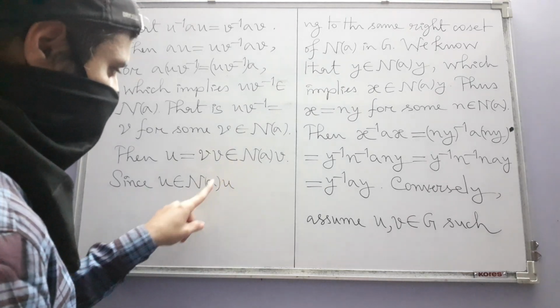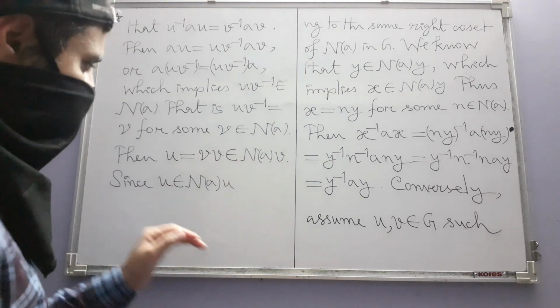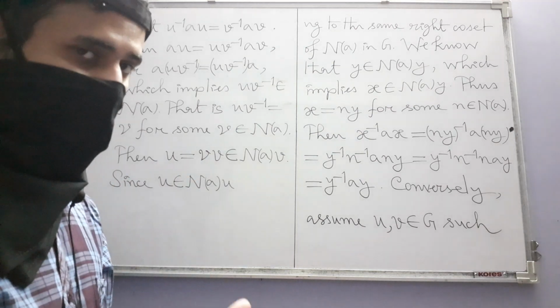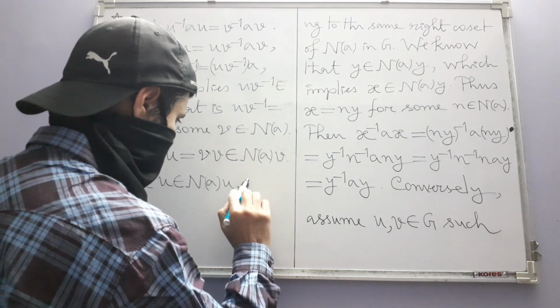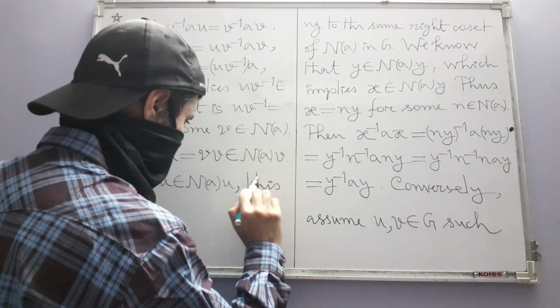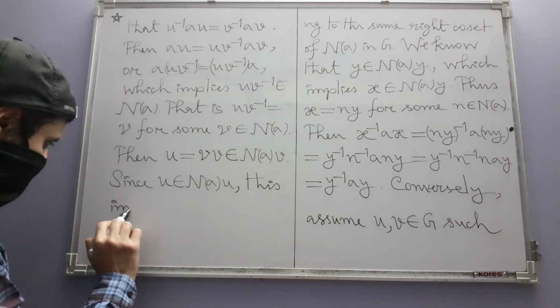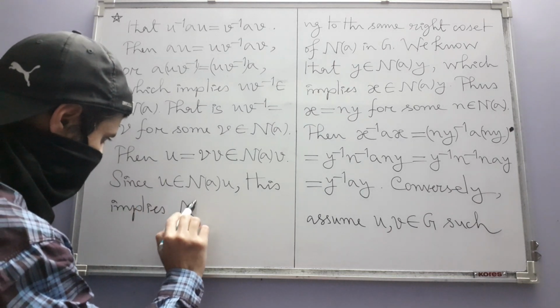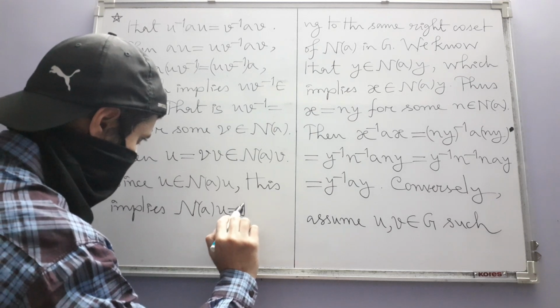So if these two are distinct, then they should be disjoint, but that is not possible because we have already obtained one element in their intersection. So they cannot be distinct. So we must have this.